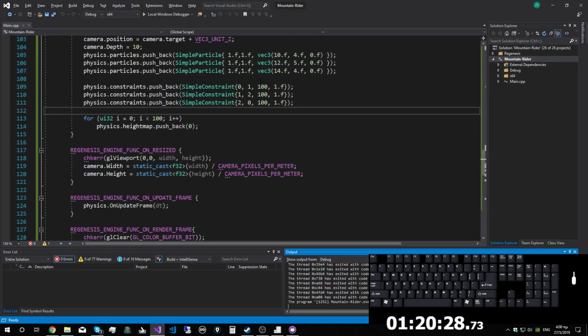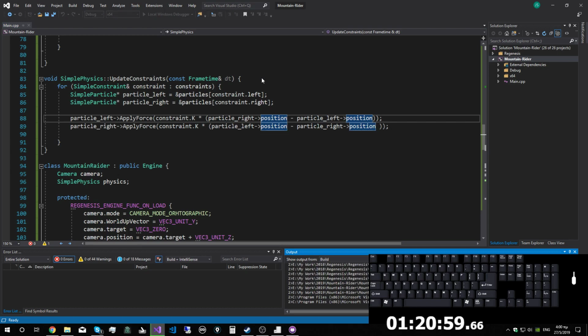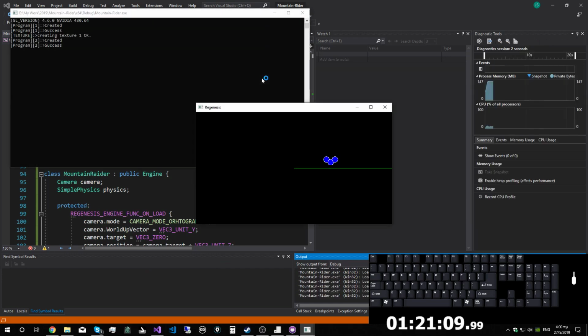What? From my diagram. What's going on here?